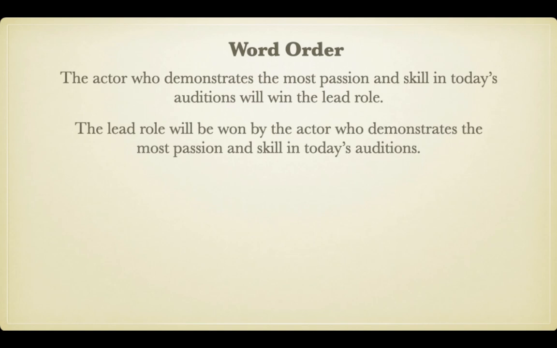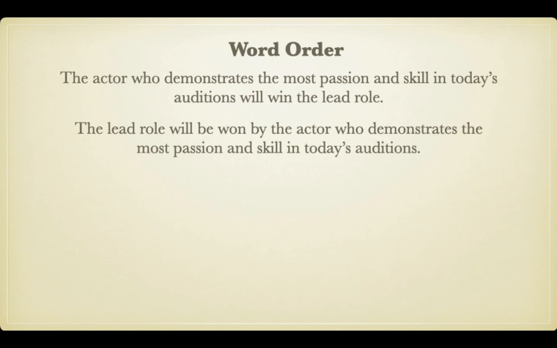The lead role will be won by the actor who demonstrates the most passion and skill in today's auditions. In these sentences, who demonstrates the most passion and skill is the most important information. And placing this detail at the end of the sentence makes it stand out to the reader.